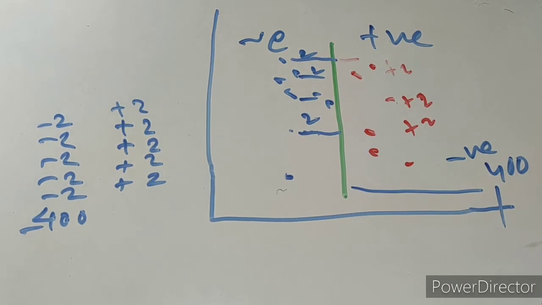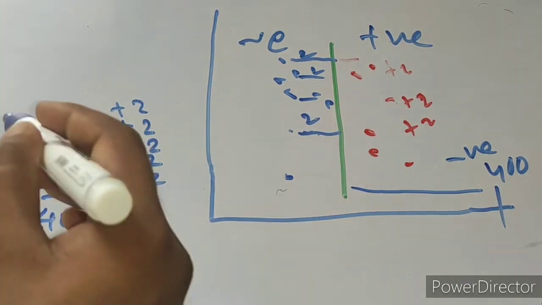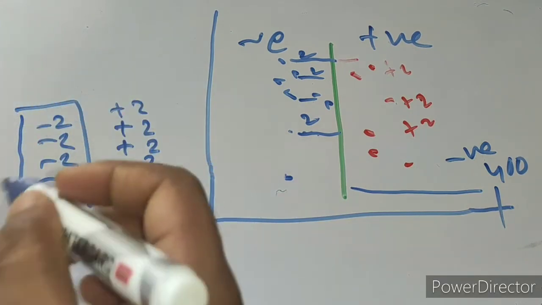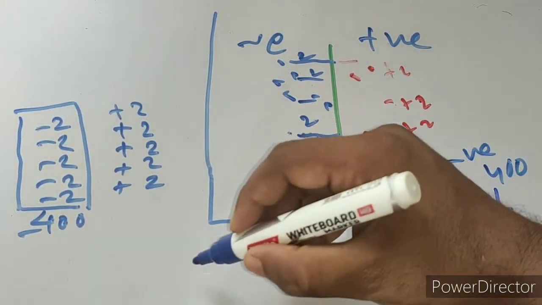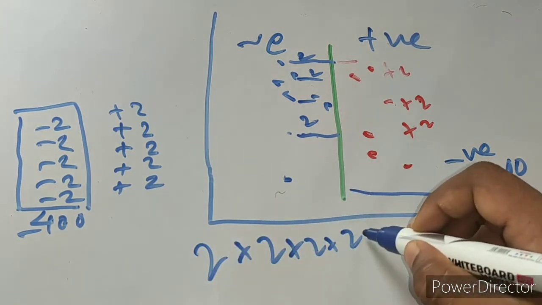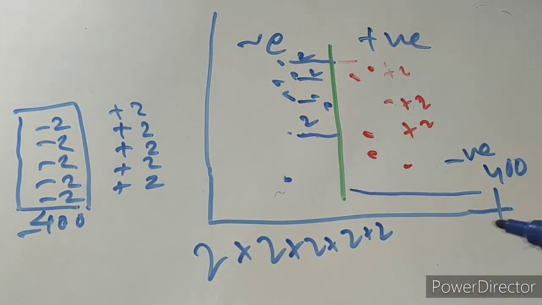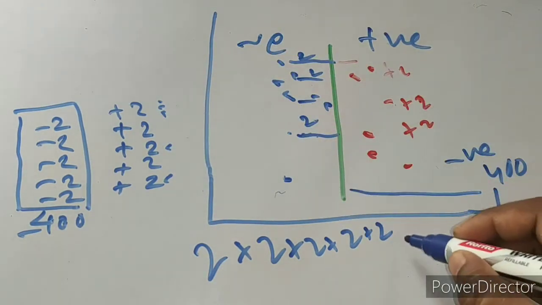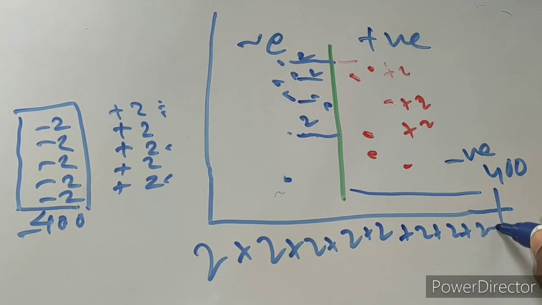So we have to multiply with the respective y. For these data points, y is negative, so it ultimately turns into 2 + 2 + 2 + 2, like this, 5 twos. For these, y is positive, so again these are 2 + 2 + 2 + 2 + 2.